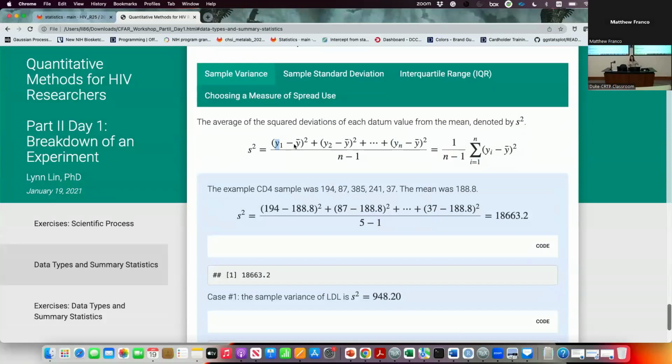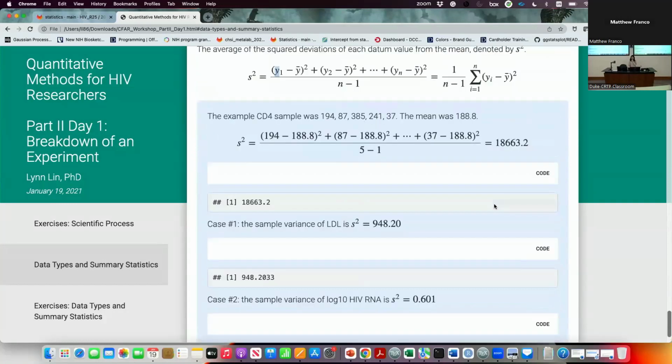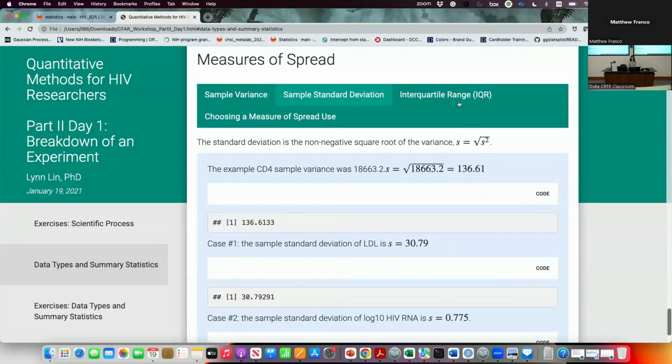We sum them up and divide by n minus 1. This is the formula for the variance, denoted by s squared. The standard deviation is just the square root of s squared.